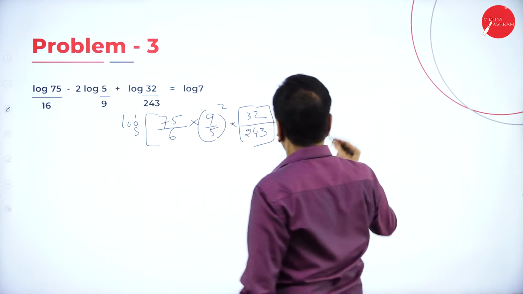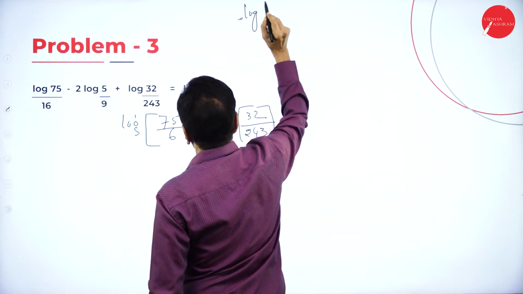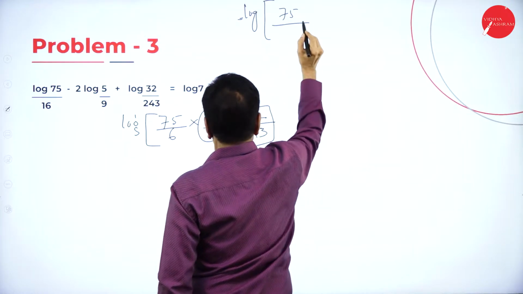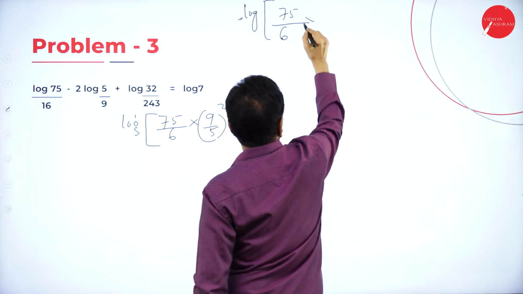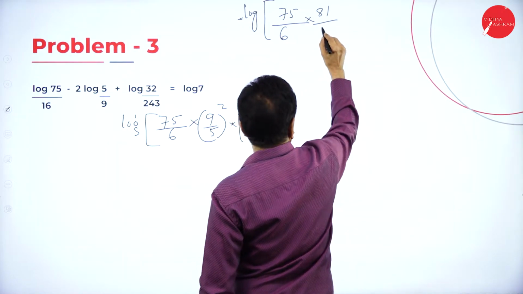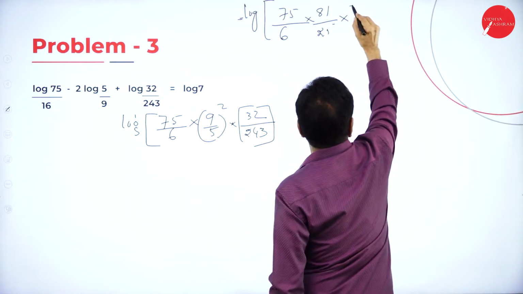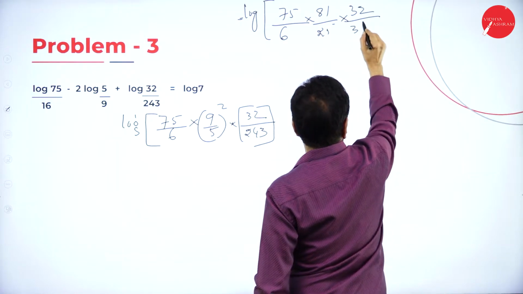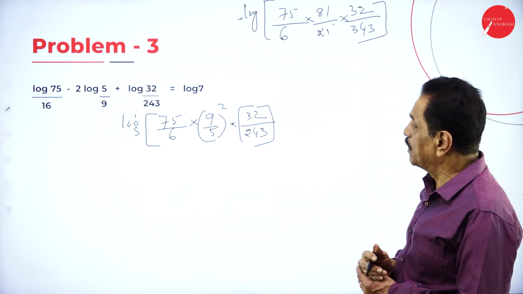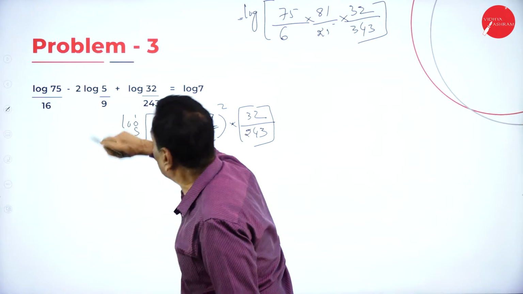So simplify this. Log 75 divided by 16, 9 nines are 81 divided by 25, into 32 divided by 243. Okay, plus means multiplication, minus we can write to the bottom, then come back here.